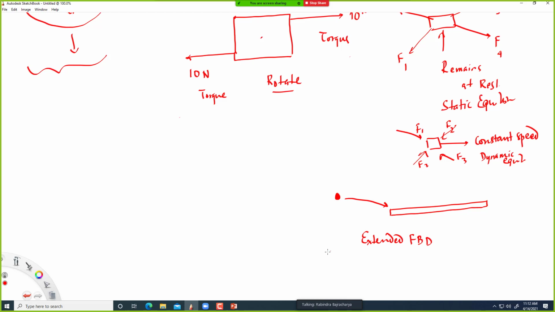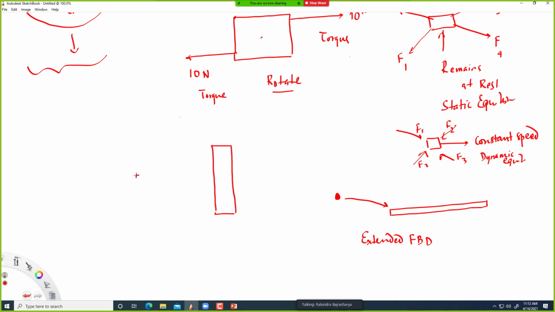So the first part is asking to draw the extended free body diagram. For that, you can just draw the picture. So this is the wall.